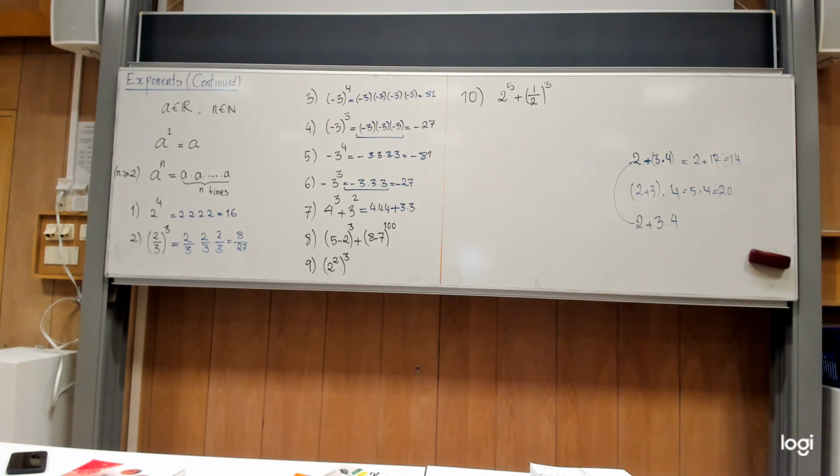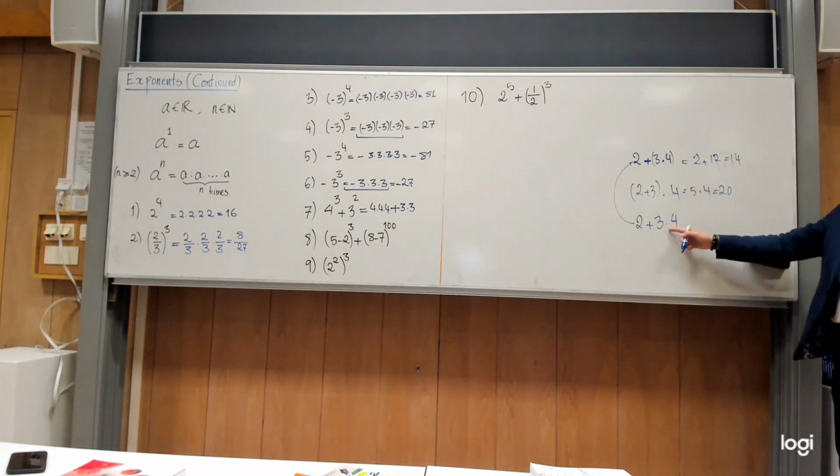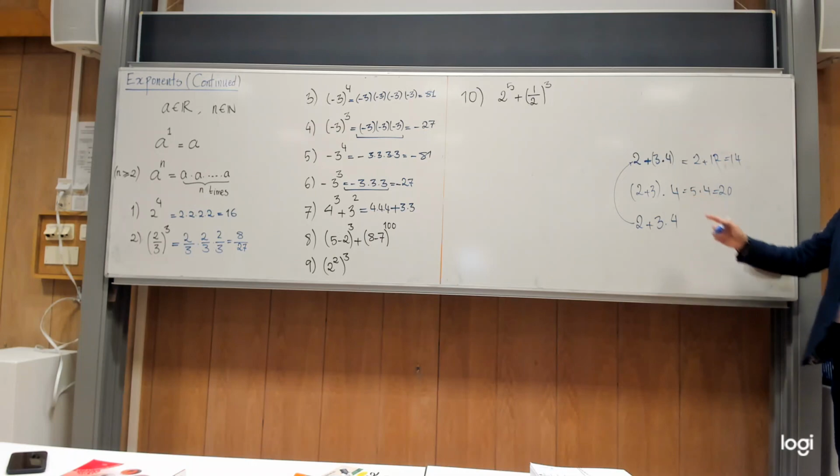Yes? Isn't multiplication and division equal? Yes, they are on the same footing. Then you start from the left-hand side to the right-hand side by convention. So maybe we have different conventions in different contexts, but yes, you are right. Yeah. So paying attention to the priority of operations is important.